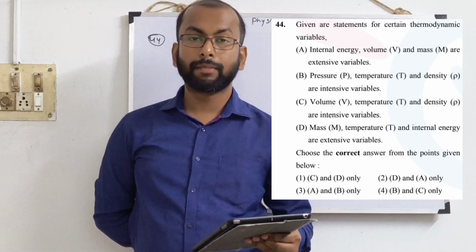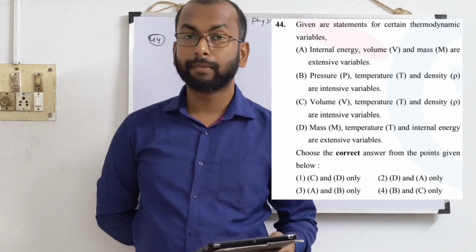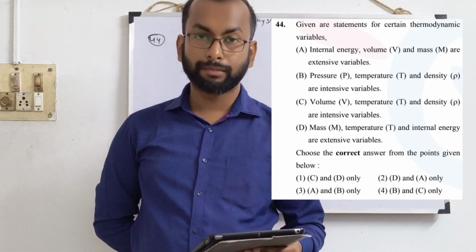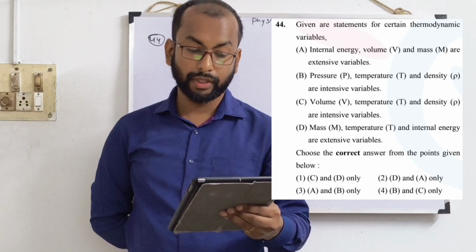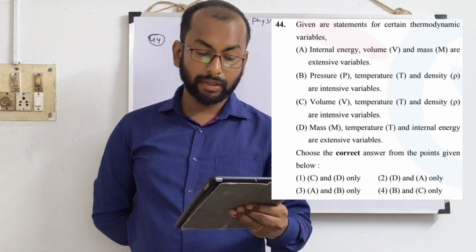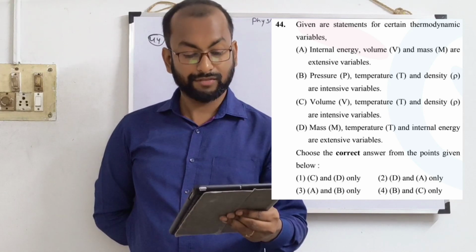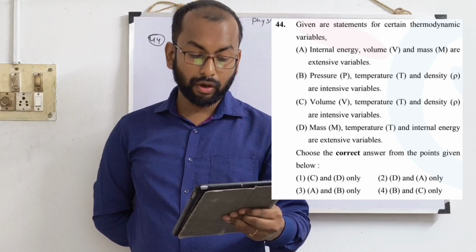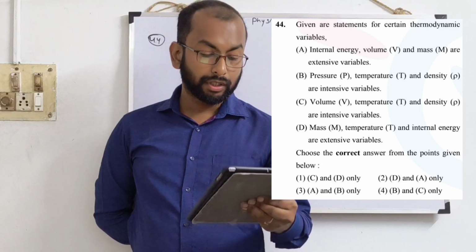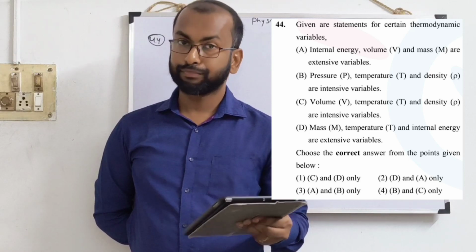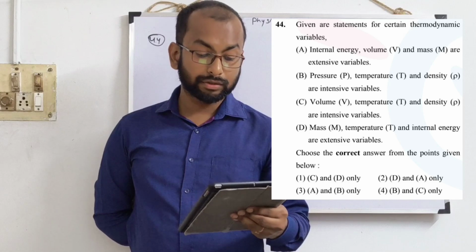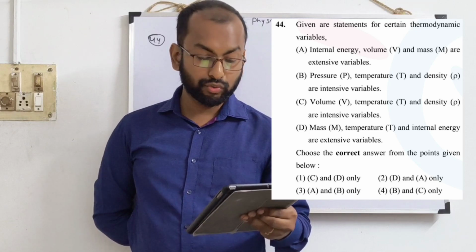Okay, internal energy depends upon the mass, but the specific internal energy, that doesn't depend upon the mass. So it is true. A is true. Pressure, temperature and density are intensive variable. Okay, they all are intensive variable because they don't depend upon the mass. So A and B, they are true.